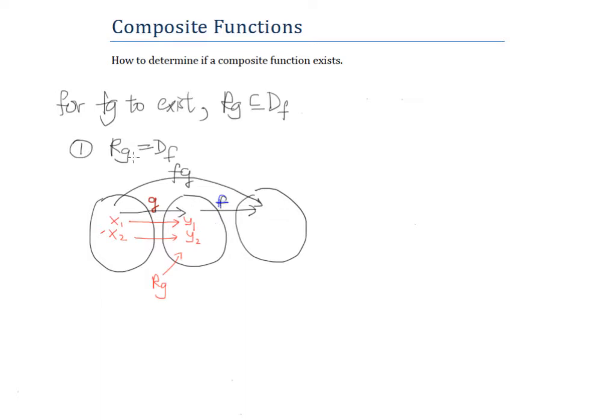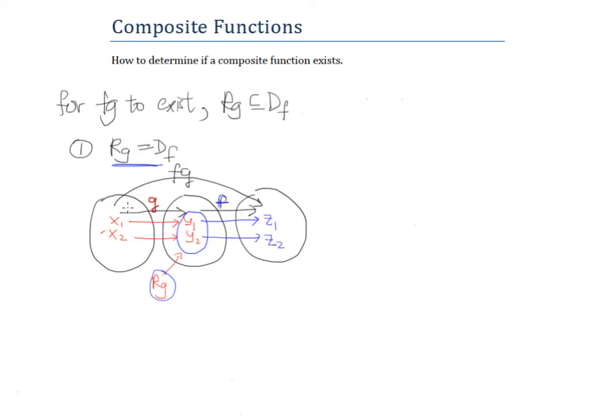Under this case, we have the range of g being equal to the domain of f. In other words, the domain of f, whatever input we can put inside f, is simply y1, y2. There isn't anything extra or anything more than y1, y2. This is what we mean when the range of g is exactly equal to the domain of f. When we put y1 inside f, it becomes z1, and when we put y2 inside f, we get z2.